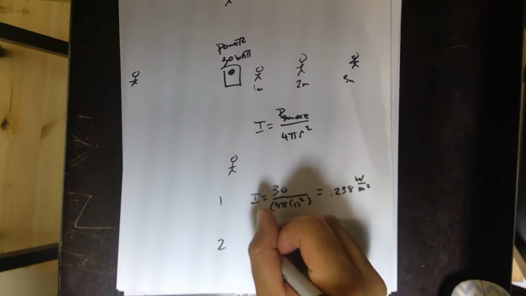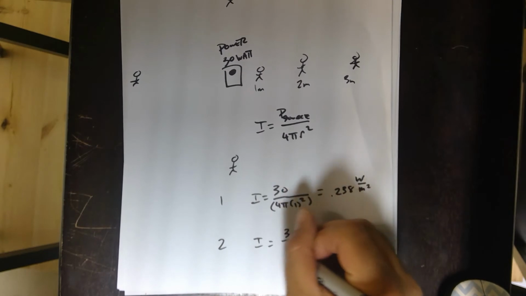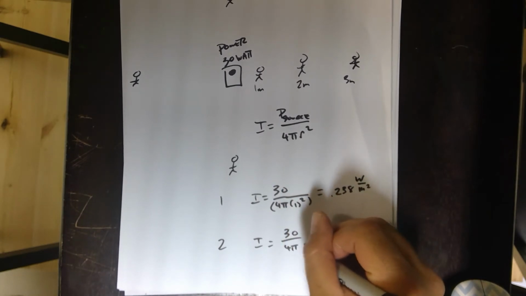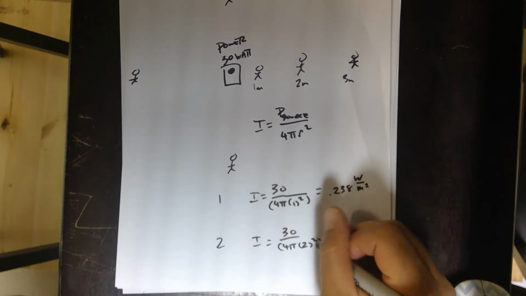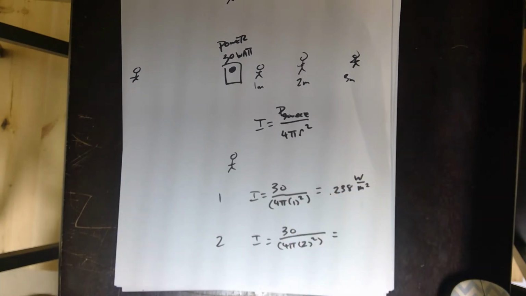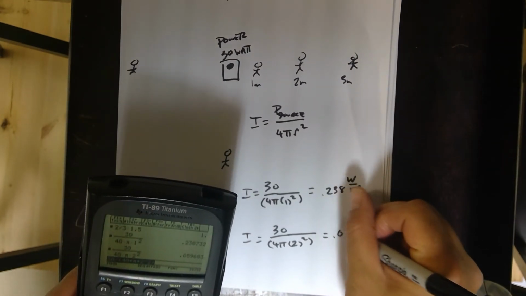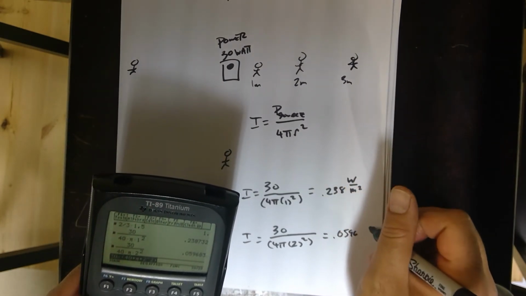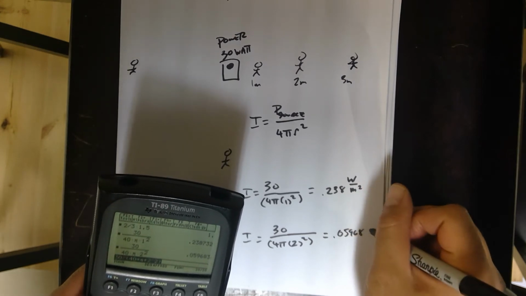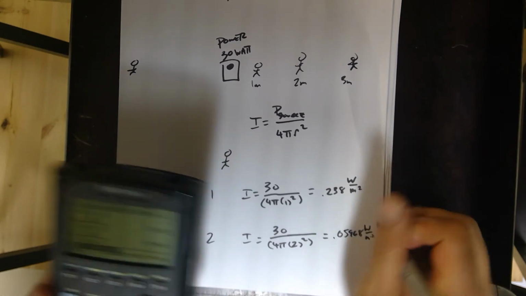The person that's 2 meters away, still 30 watts, but now it's 4 pi over 2 squared. So we've doubled the distance. And what you're going to find is that this person hears something 4 times less intense. So you got 0.05968 watts per meter squared.